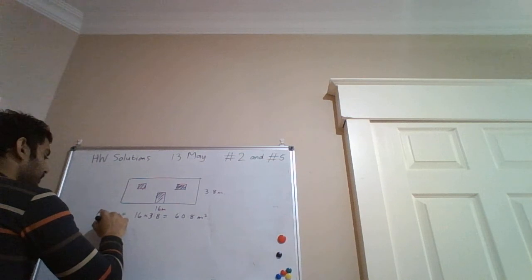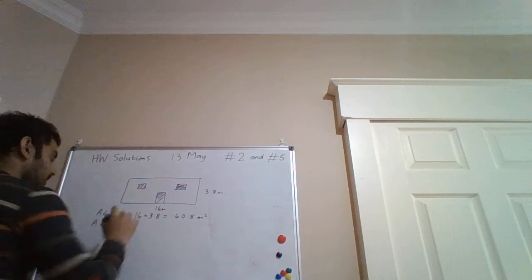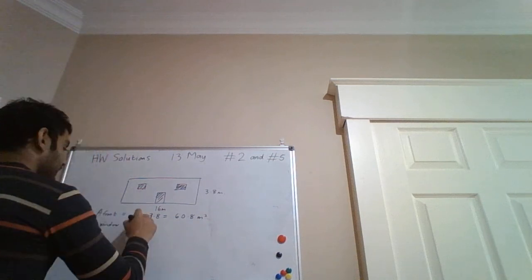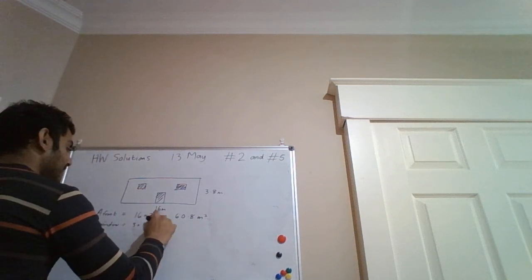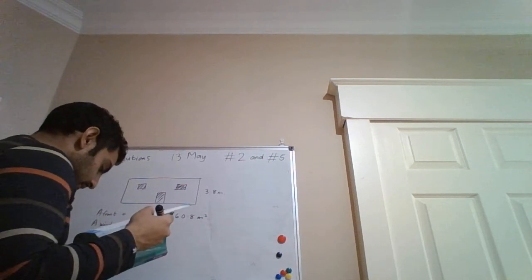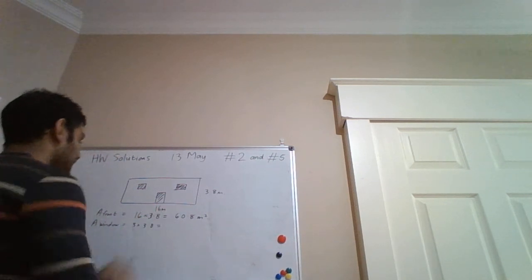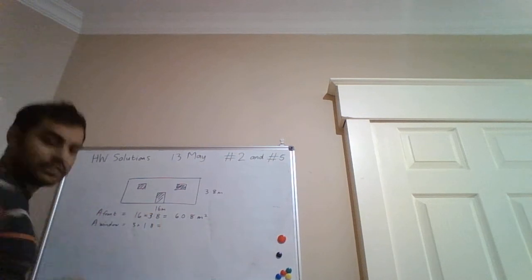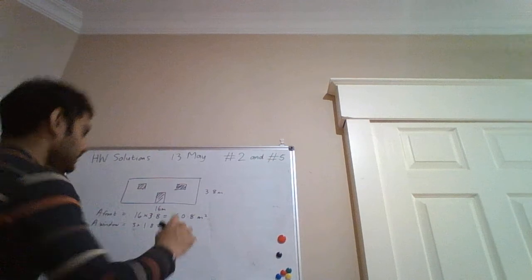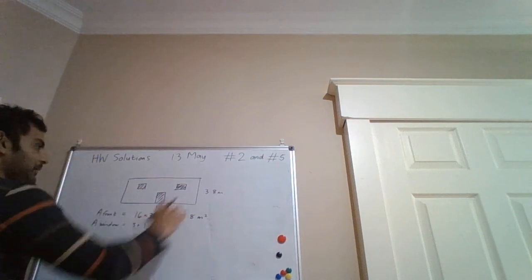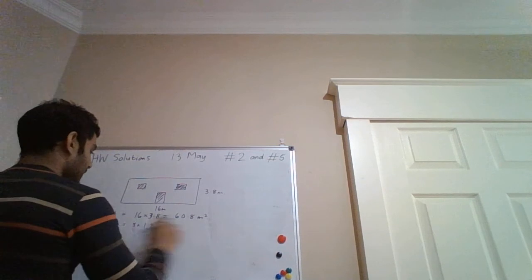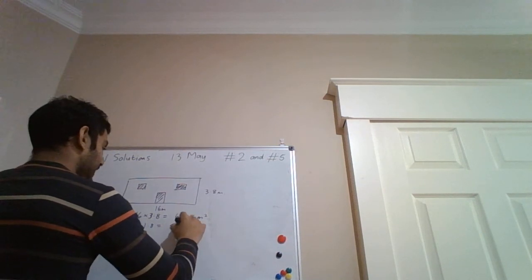The area of a window equals 3 times, sorry, 3 times 1.8. So if it was 3.8, the window would be the same height as the wall. 3 times 1.8 is 5.4.